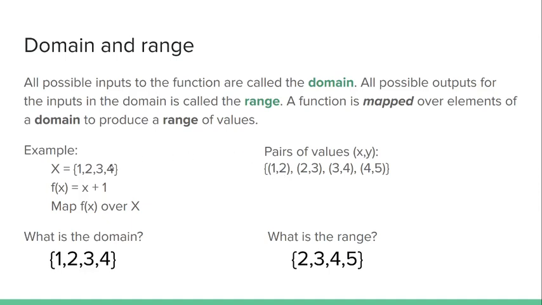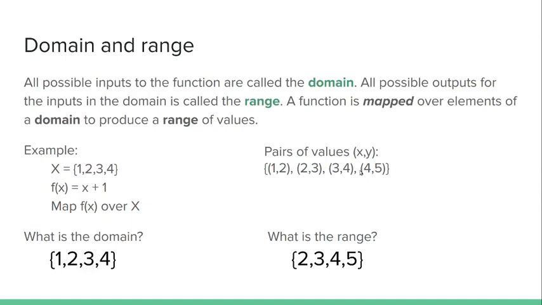So here, if the x value, we start with the 1, we apply the function, we add 1 to it, then the y value we get back is the 2. When we provide the 2 from the domain, the y value we get back is the 3. We input the 3 into our function, the value we get back is the 4. When we input 4, we get back the value 5.